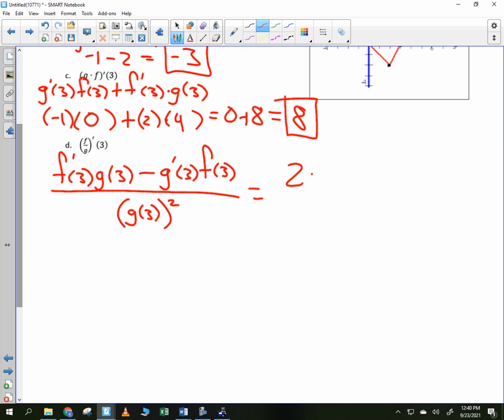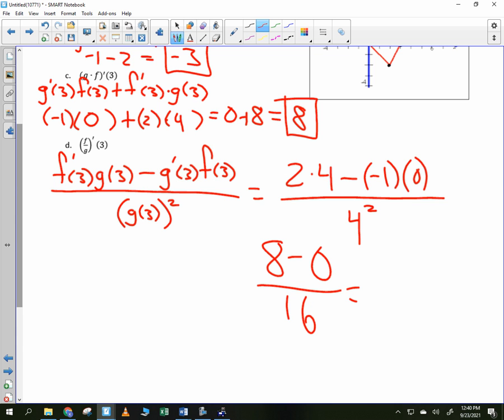What's g of 3? 4. Minus g prime of 3, negative 1, times f of 3, which we said was 0. Divided by, what was g of 3 again? 4, and what do we do with that? Square it. So in this situation, you get 8 minus 0 over 16, which is 8 over 16, or 1/2.